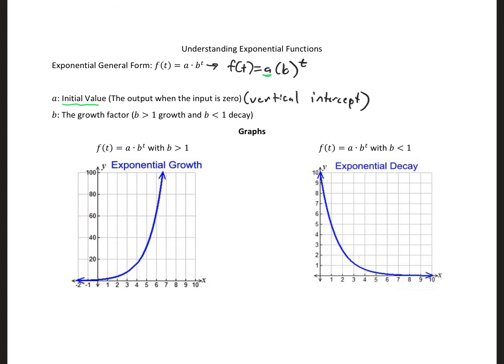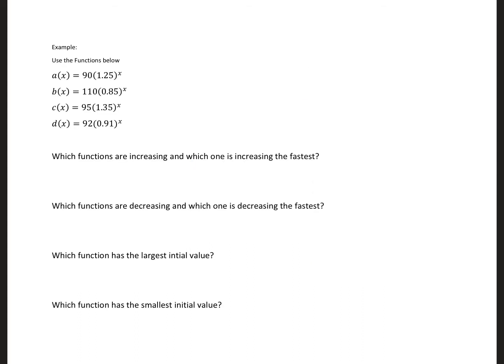So let's look at how to apply these ideas. Here we're given 4 different functions, and we want to answer some questions about them. First, which functions are increasing and which one's increasing the fastest? Since a of x and c of x both have growth factors, this b value, greater than 1, those are the functions that are going to be increasing.